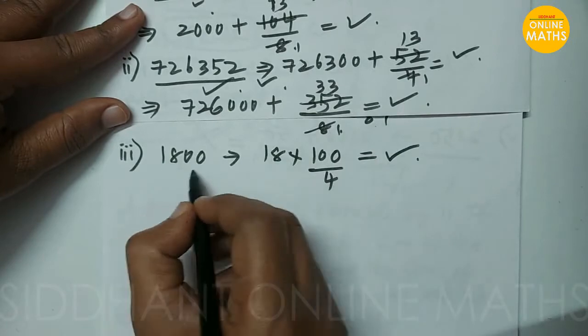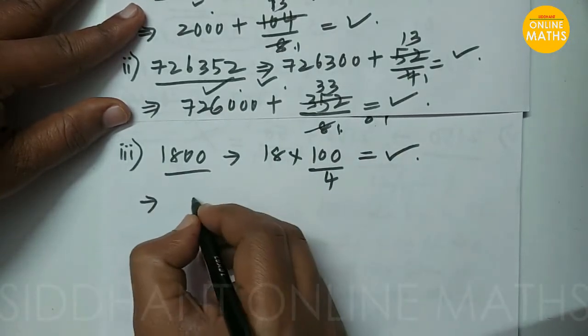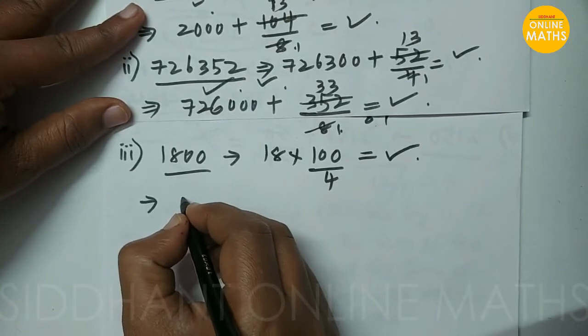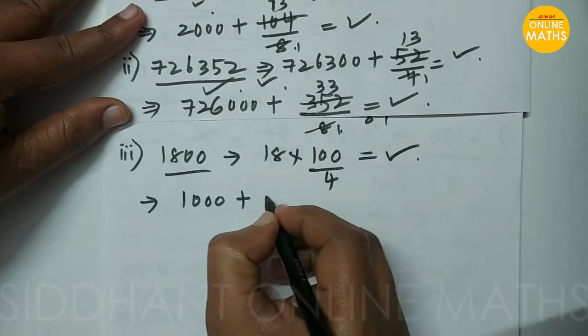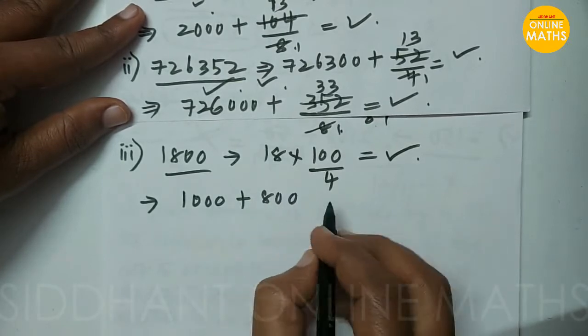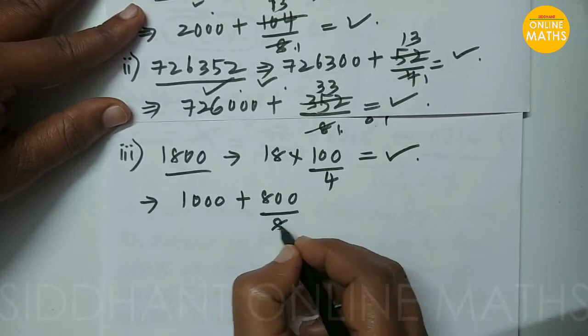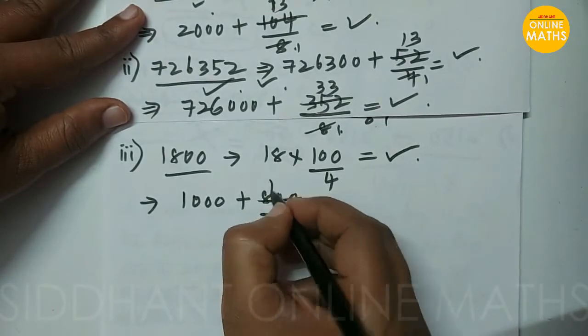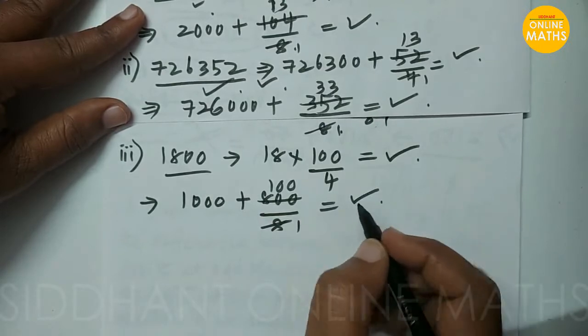So we can say this number is also divisible by 4 here. So coming to 8 here, this 1800 can be written as 1000 plus 800. So the last 3 digits we are going to check whether it is divisible by 8. So 8 ones are 8, so we get 100. So this also is divisible by 8 here.